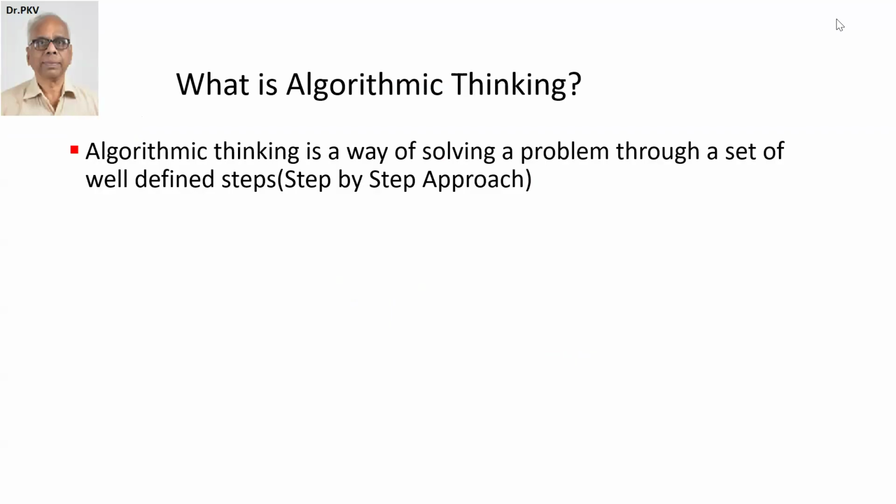So you have got a problem and you will have to find the solution in a sequential manner, in a proper order, using a step-by-step approach, and that is called an algorithm. Algorithmic thinking is the way you frame the solution using a step-by-step approach.